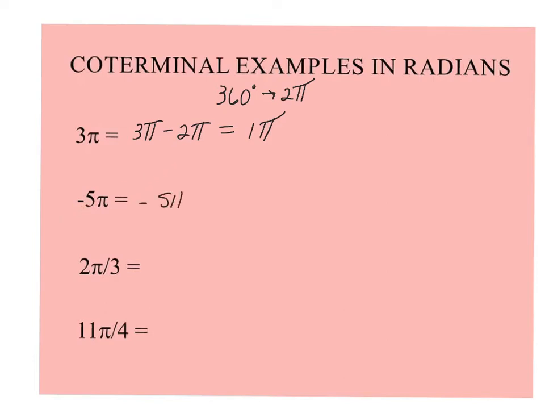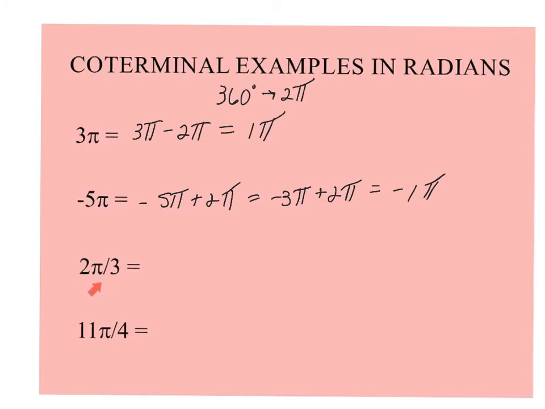Negative 5 pi plus 2 pi would give me negative 3 pi. So do it again. And you get negative 1 pi. For my next example, I have a fraction.